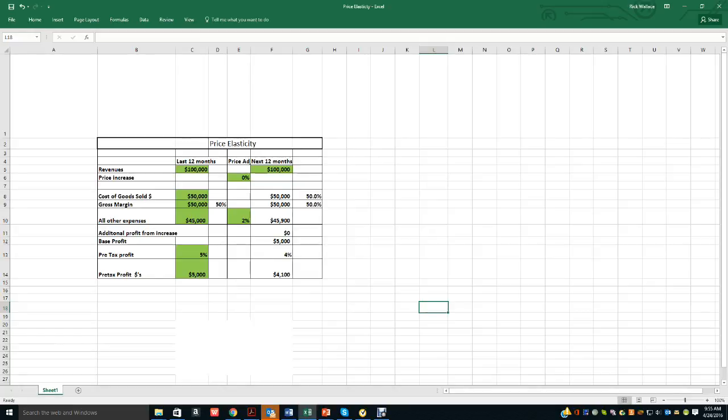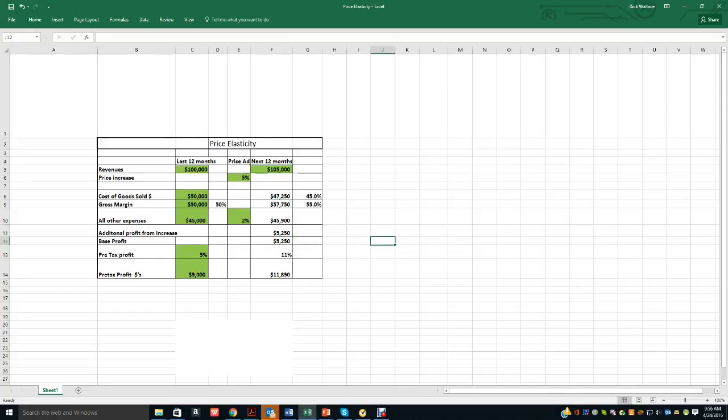So let's go forward and say, okay, let's say that we're going to have a 5% increase on our business, and that we're going to have a 2% increase in our expenses for next year. So this 5% on the $100,000, if I sold the same number of units, I would sell $105,000 in products in this case.